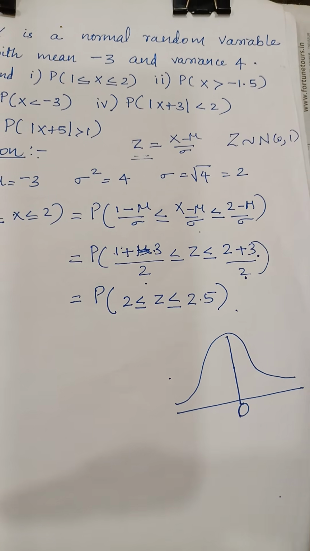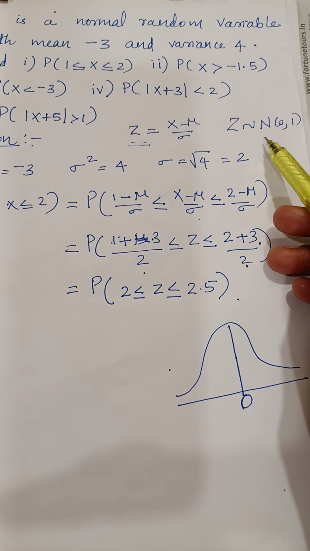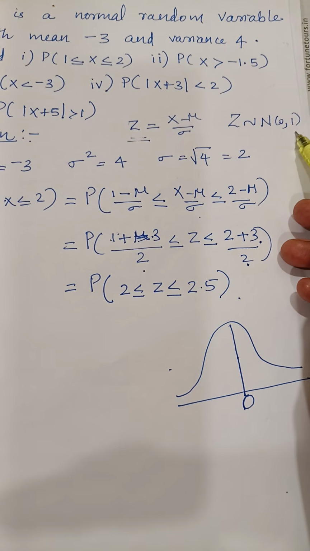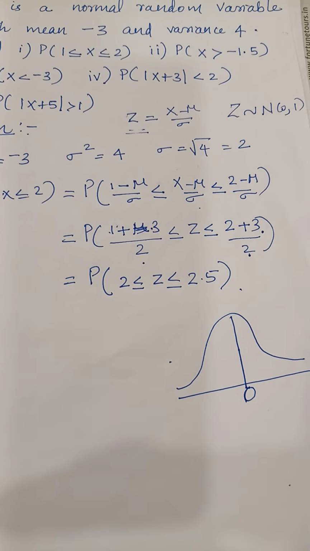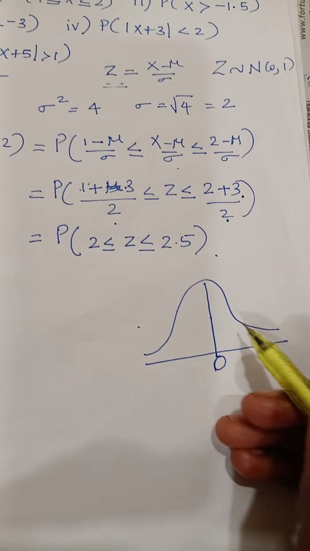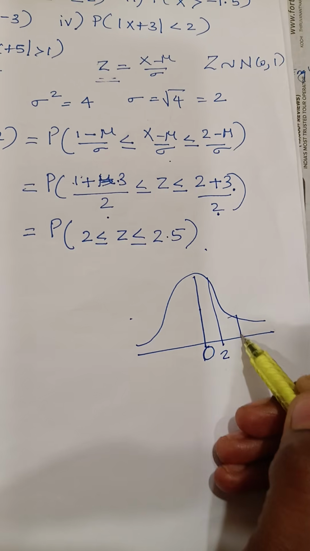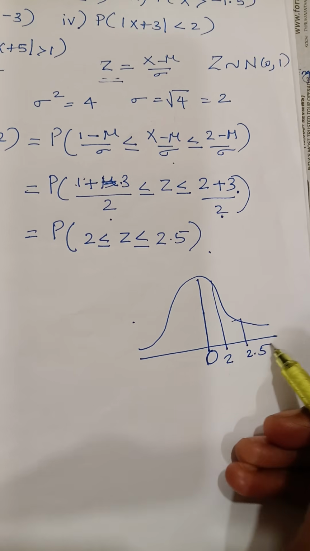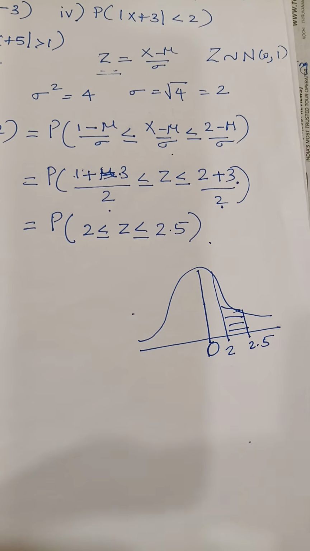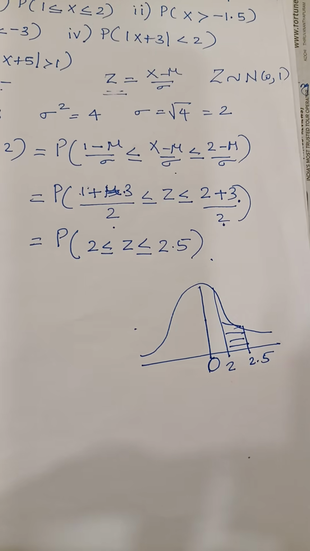That means z is having standard normal distribution, a normal distribution with mean 0 and standard deviation 1. And normal distribution is symmetric about the mean, so the standard normal distribution is symmetric about 0. And where will this 2 come? 2 will be here and 2.5 will be here, and we have to find the area between 2 and 2.5. Okay, so this is the situation.